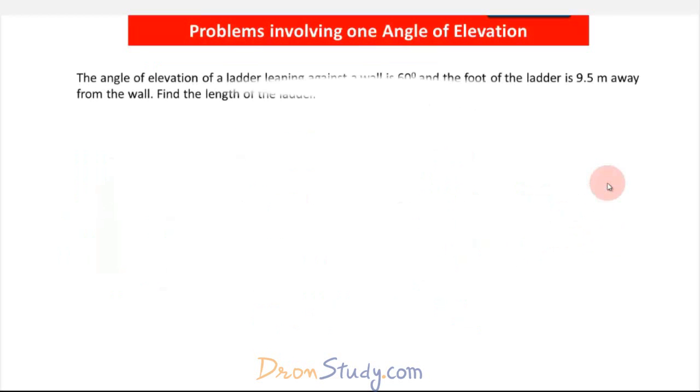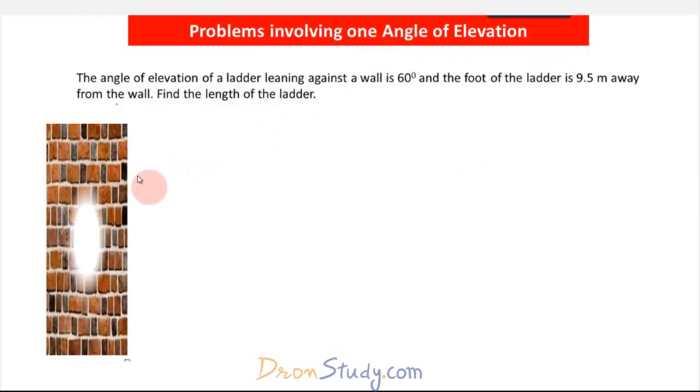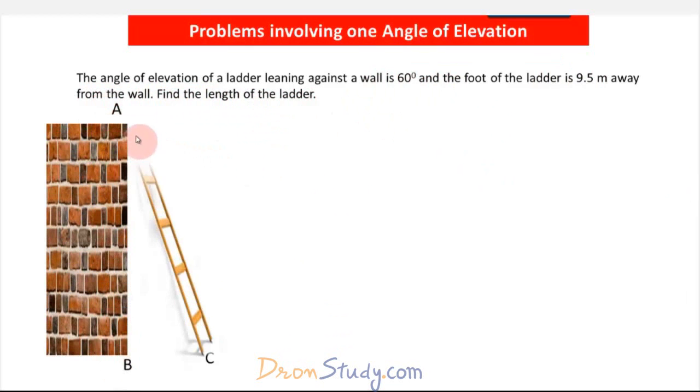Now the next question is: the angle of elevation of a ladder leaning against a wall is 60 degrees and the foot of the ladder is 9.5 meters away from the wall. Find the length of the ladder. Students, here AB is a wall, it is the height of the wall, and a ladder is leaning against it, and BC is the distance between the foot of the ladder and the foot of the wall.